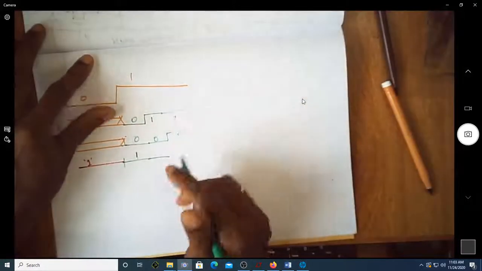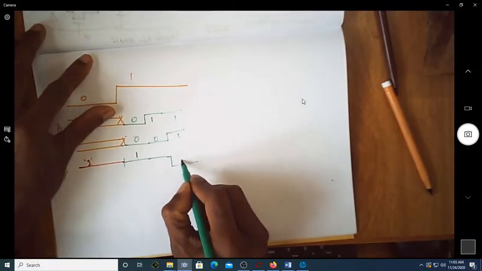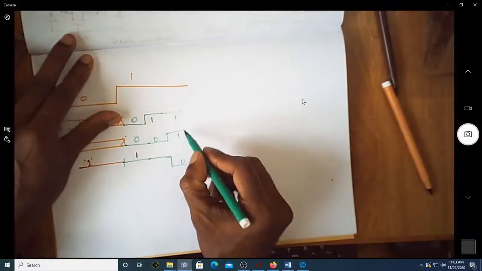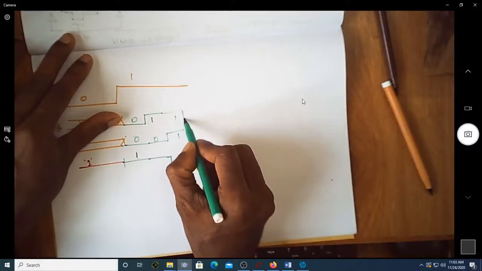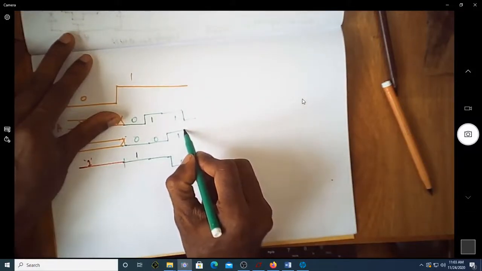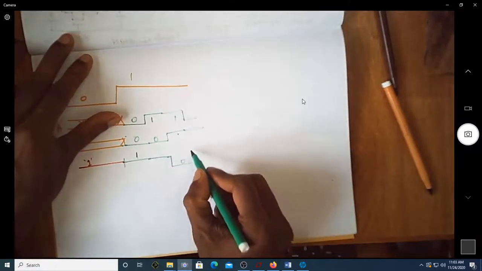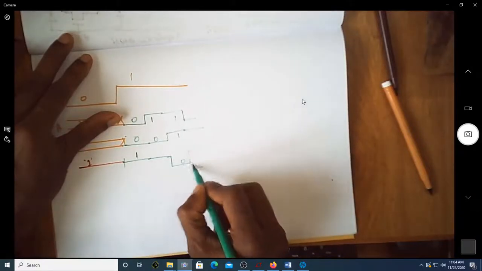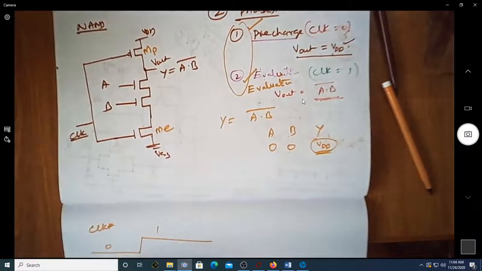If you make these two 1 1, the output will become 0. Now suppose one of them is 0 and the other is 1, this won't go high, because this is always off. This is off during the evaluation period.